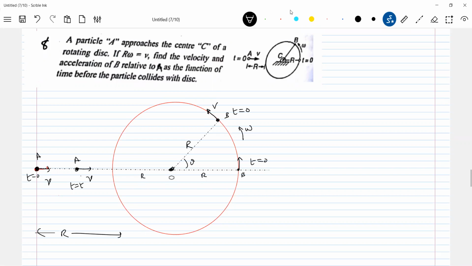Can you define now the velocity vector VB bar from the diagram? There's a unit vector, you can take i cap, j cap. So this will be the theta, no?